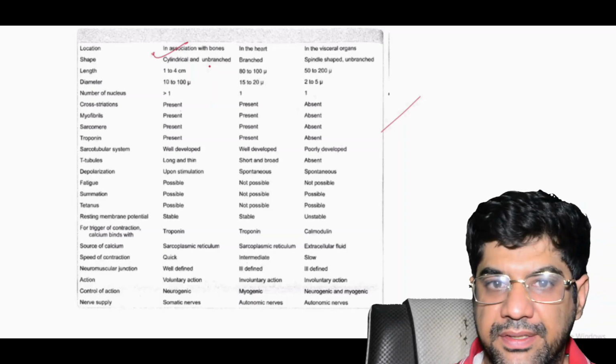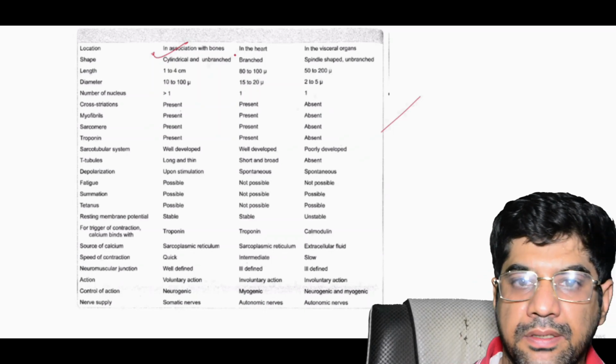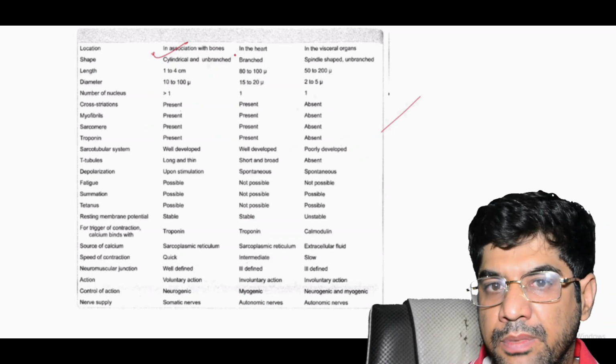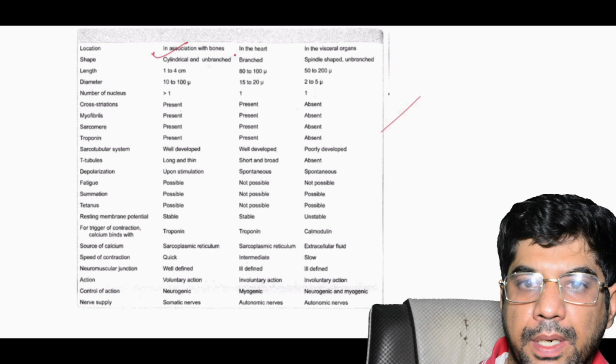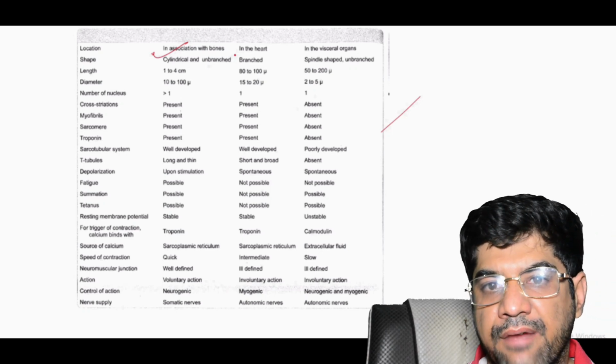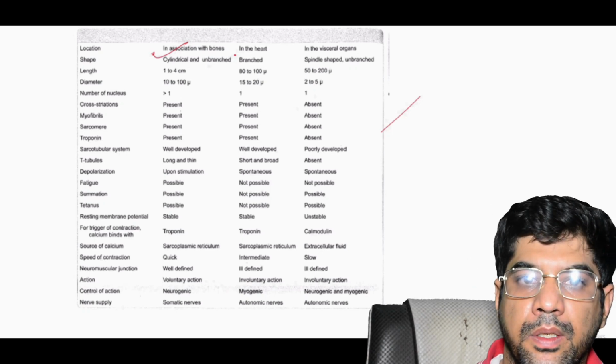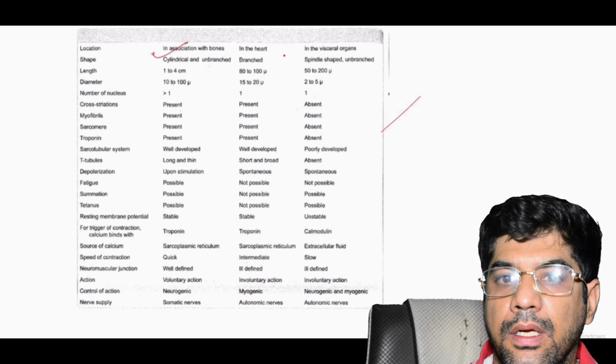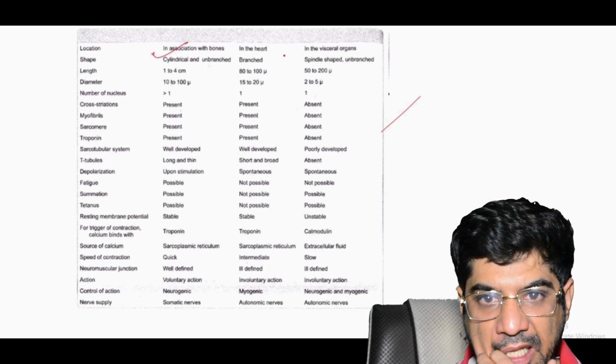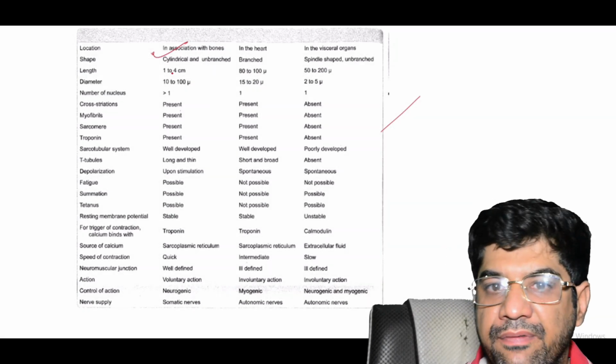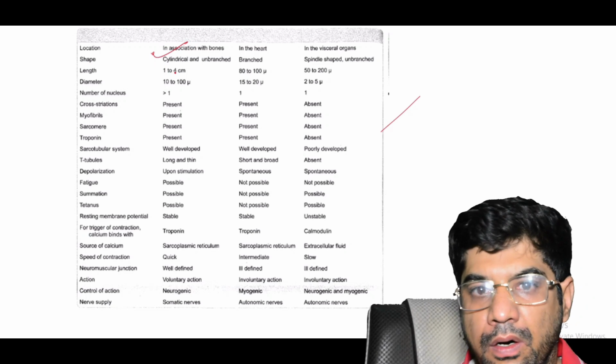Now this figure represents the difference between the skeleton, cardiac and the smooth muscles. Remember, the skeleton muscles are found in association with the bone, whereas cardiac muscles are found in the heart, and smooth muscle is found in the wall of the visceral organs.